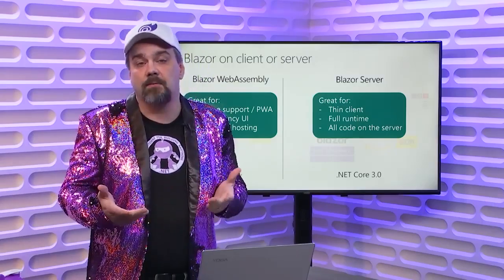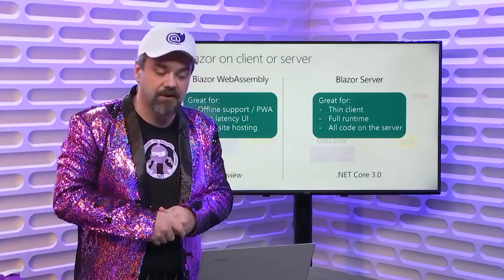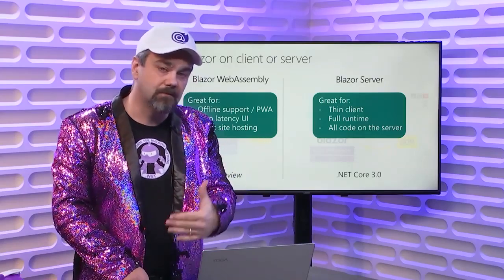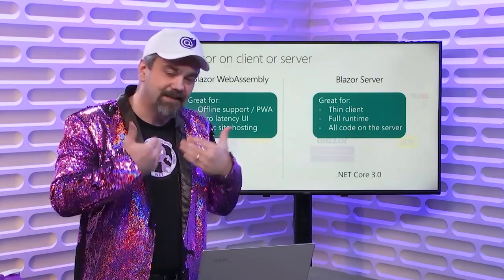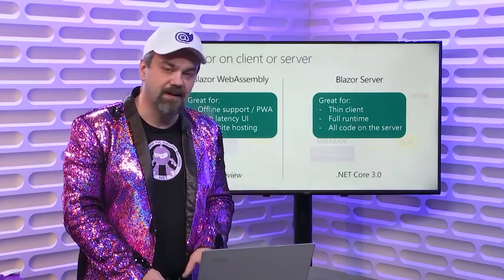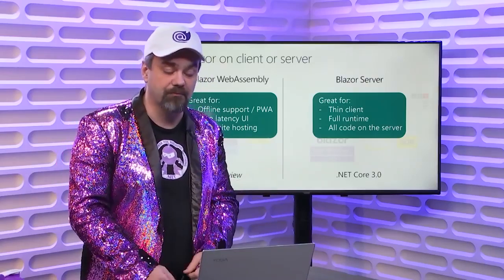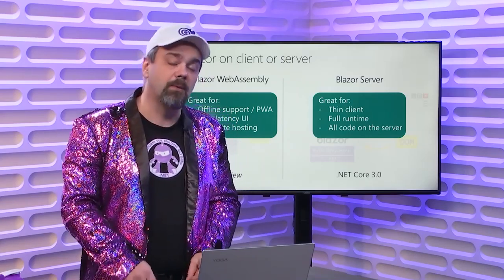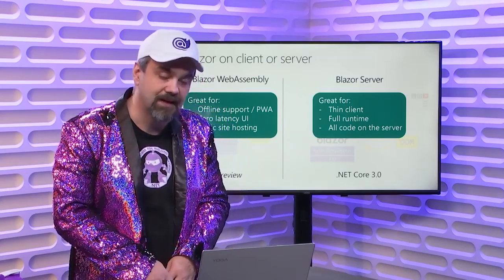And you can serve it as a static website. Just like we heard in our previous session, you can push all of those DLLs that you're going to serve out to a static location and let that be delivered to a device and achieve that progressive web app type of experience.